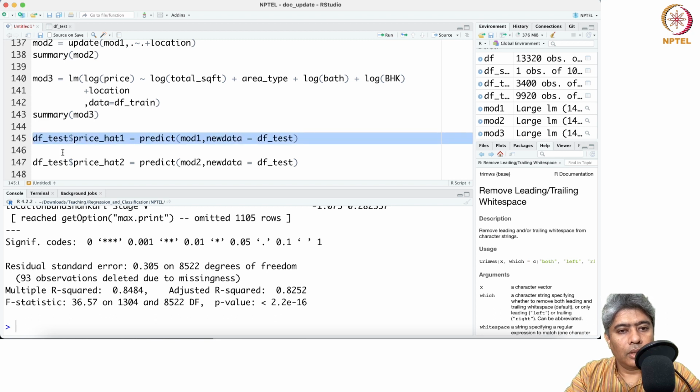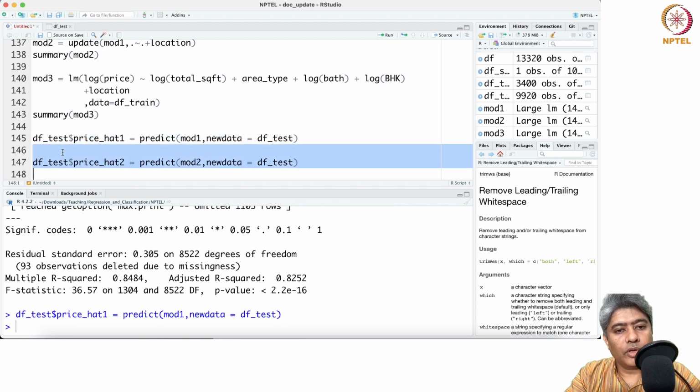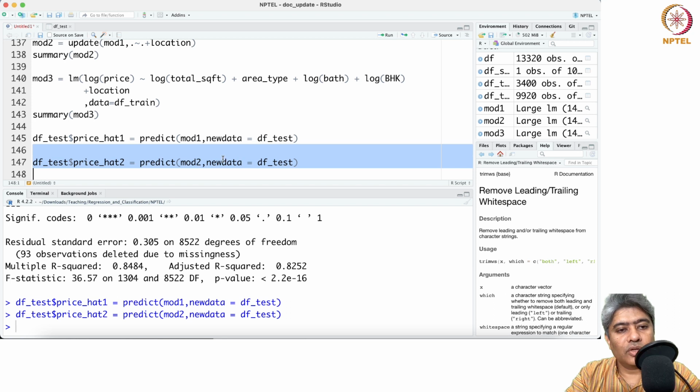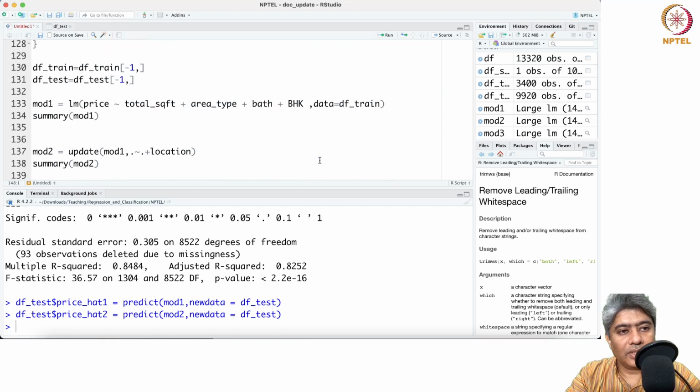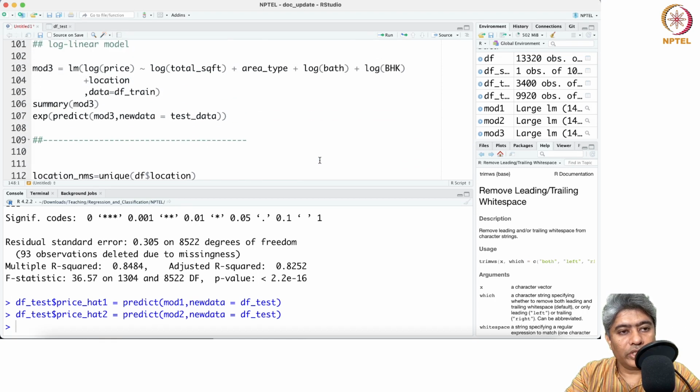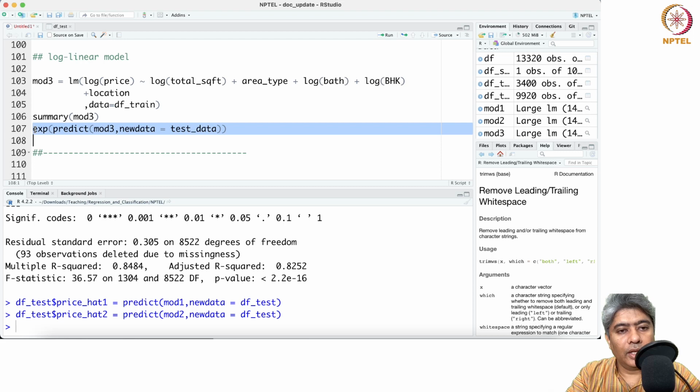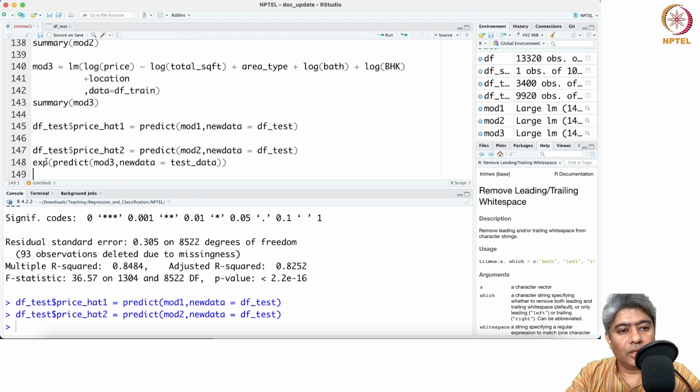And similarly, now there is no problem, and it gives us the exact accuracy thing we wish. And then this is the third model.